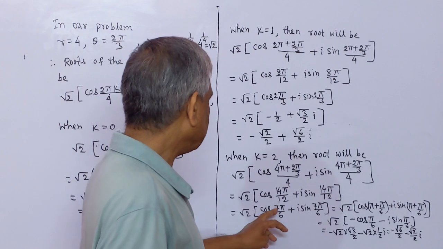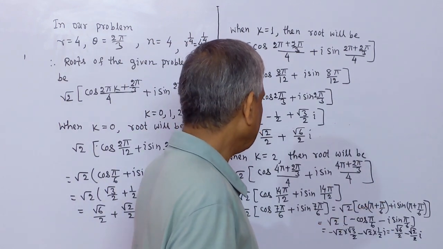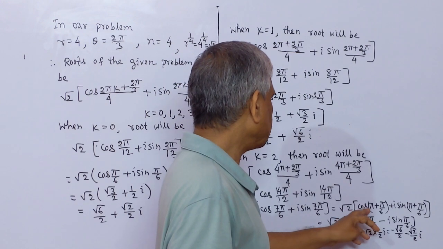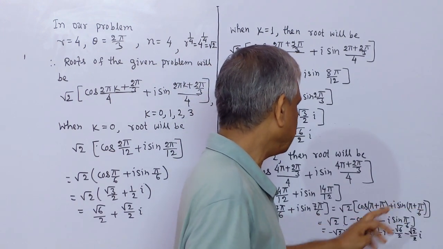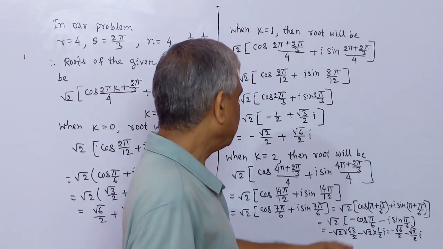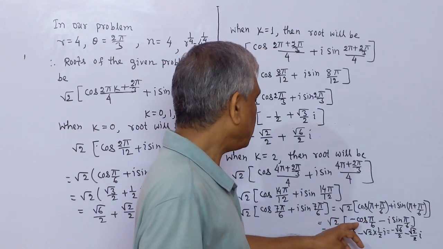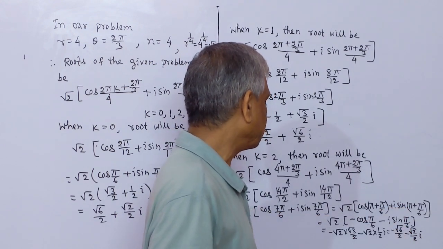We may write this 7 pi by 6 as pi plus pi by 6. So here we have written cos pi plus pi by 6 plus I sin pi plus pi by 6. Square root 2 is outside. And this is equal to minus cos pi by 6, and this is equal to minus sin pi by 6.